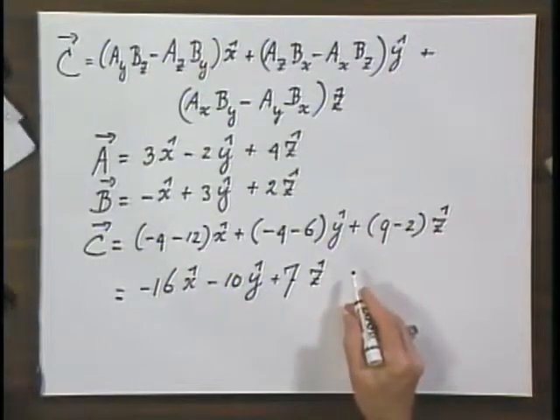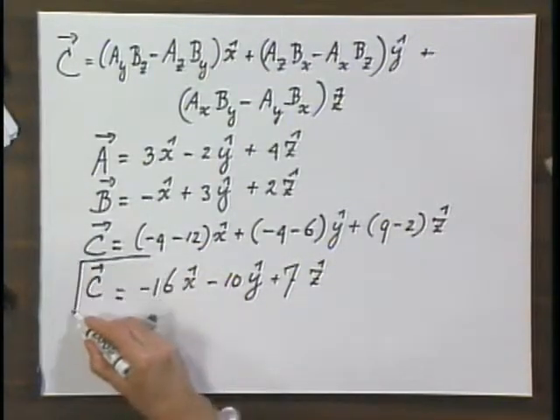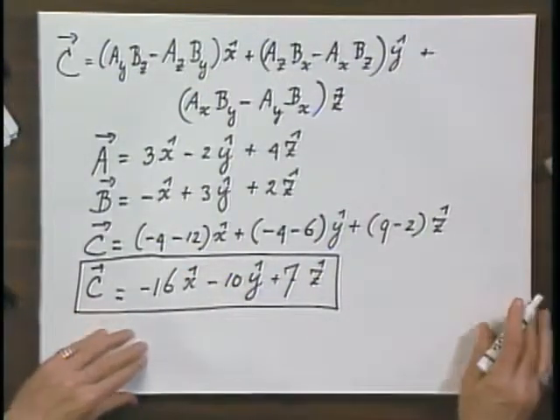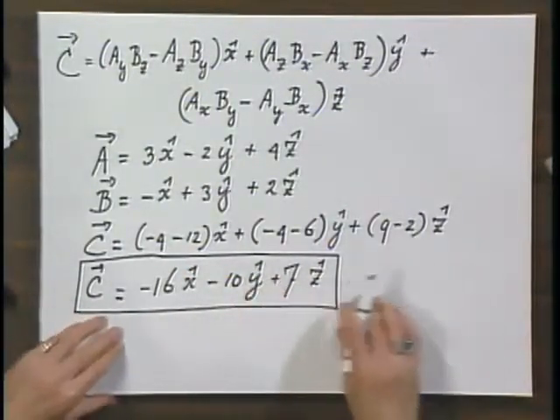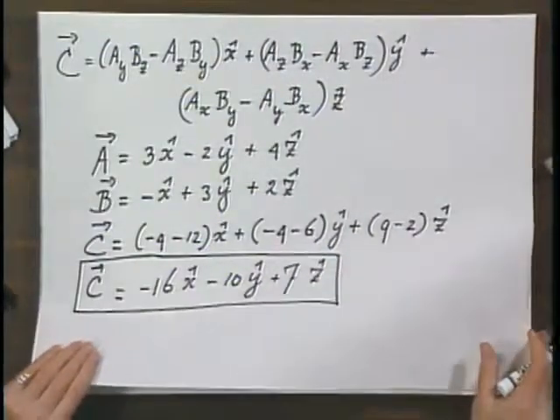And now I want to check whether this vector, which is the cross product, meets all my previous conditions. It should be perpendicular to A, and it should be perpendicular to B, and it should have the right magnitude.